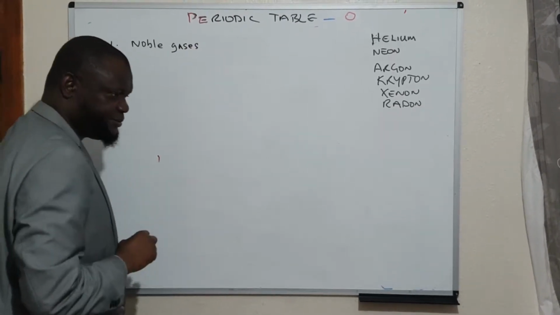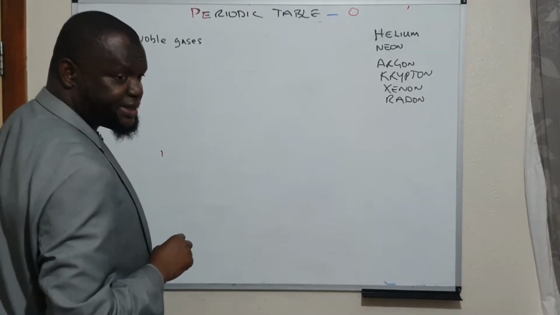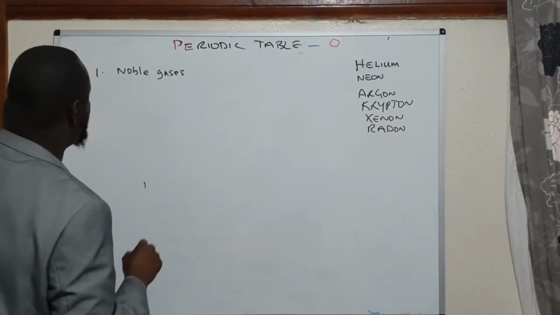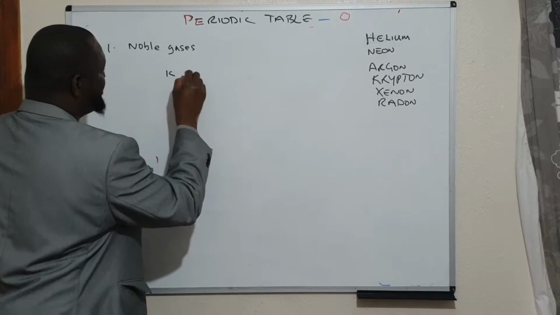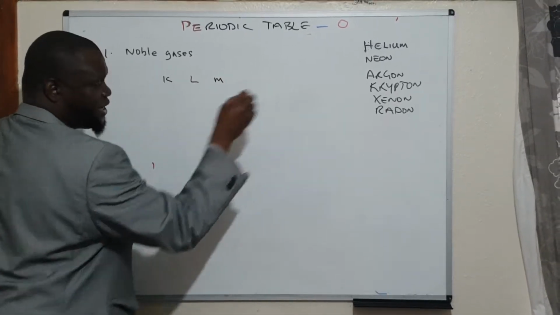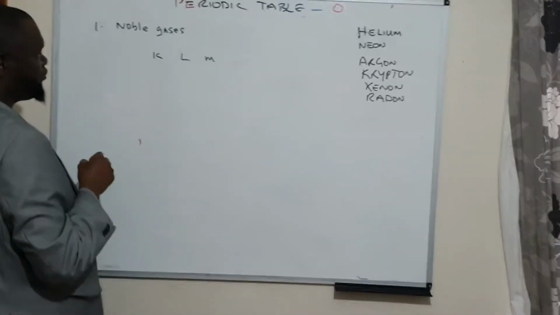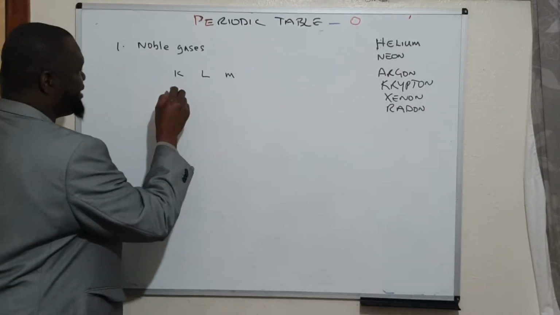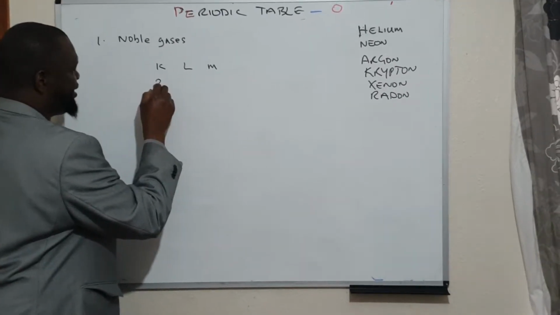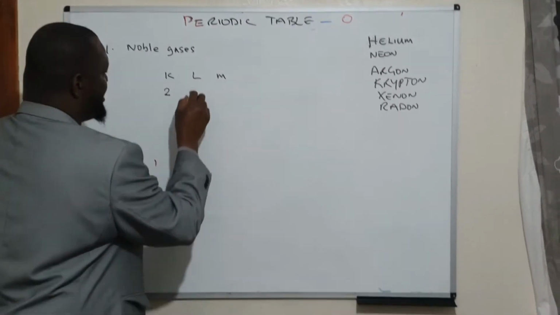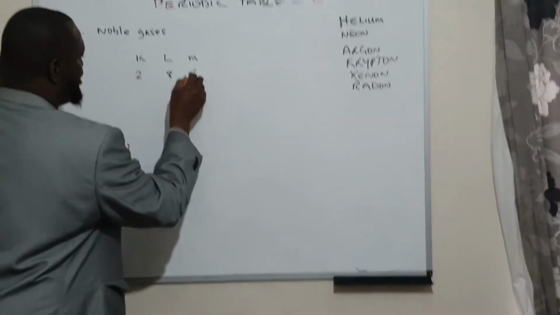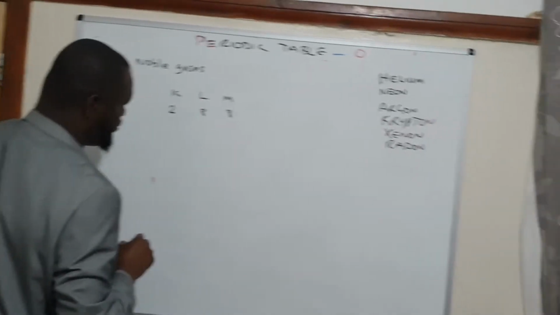I'm going to explain. We said that the shells of an atom consist of the K shell, L shell, M shell, and so on. The K shell can take a maximum of 2 electrons, L a maximum of 8, and the rest all a maximum of 8.